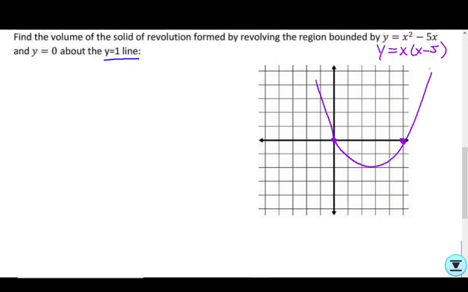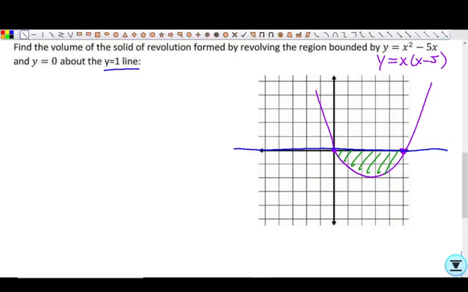The other equation that we're going to be using is y equals 0, so this ends up being our bounded area right here. But we're going to be revolving it around the y equals 1 line, which is this line right here. This is our axis of rotation.